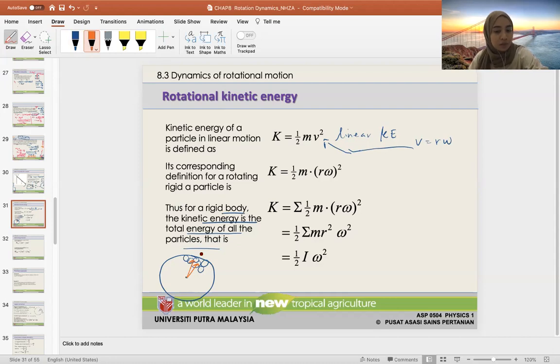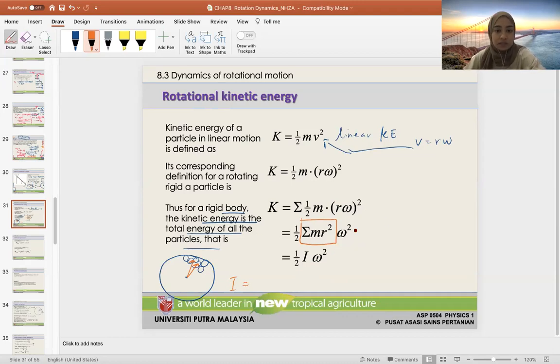And because we had to approximate the length of each atom, that is how we come up with the I for different shapes, right? So the same here, the kinetic energy of all the particles is equal to the net 1/2 m r squared omega squared. And we've seen this before. It looks like I, which is the moment of inertia. So 1/2 I omega squared.